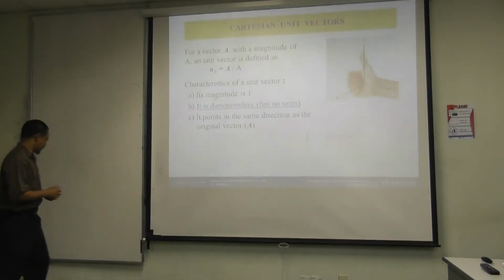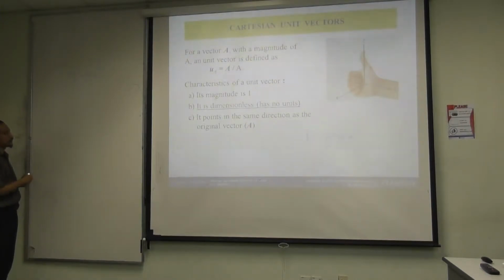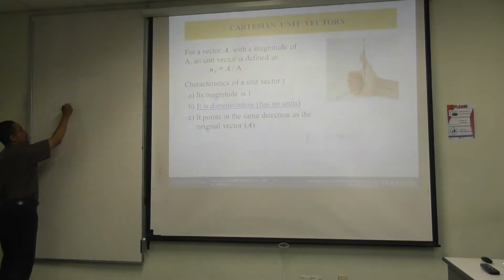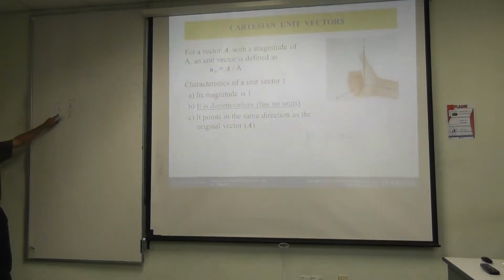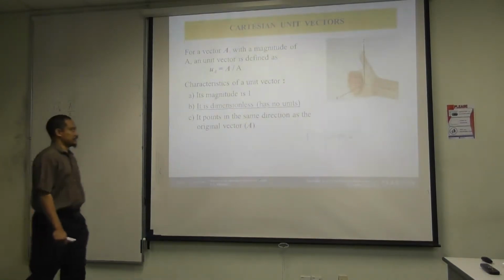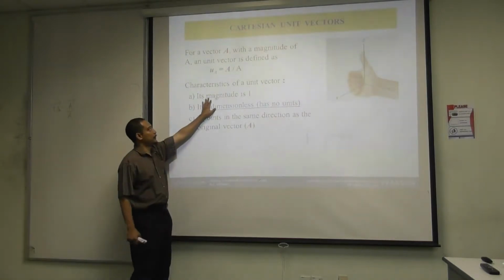The way we write it on paper is something like this. The unit vector of A is vector A divided by the magnitude of A. As we have mentioned before, if you fail to note whether it's vector or scalar, then it will be a problem. Now the characteristic is that the magnitude is 1.